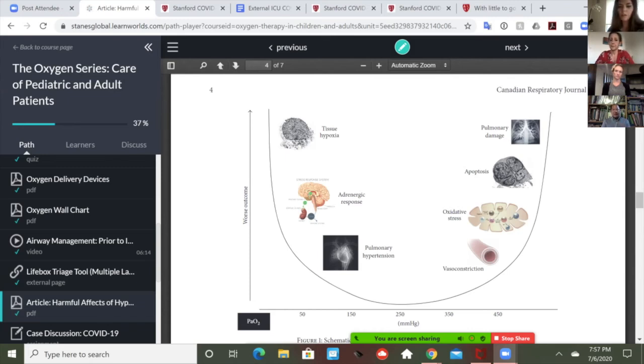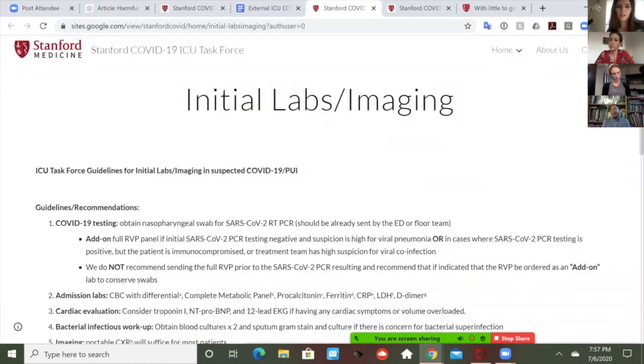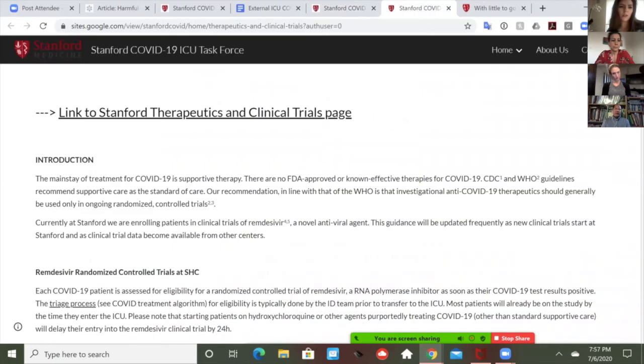And I think we could end with one of the panel questions. Somebody asked, are there new updates or treatments for COVID-19? Stanford has an external page, the COVID-19 ICU task force, on therapeutics and clinical trials.